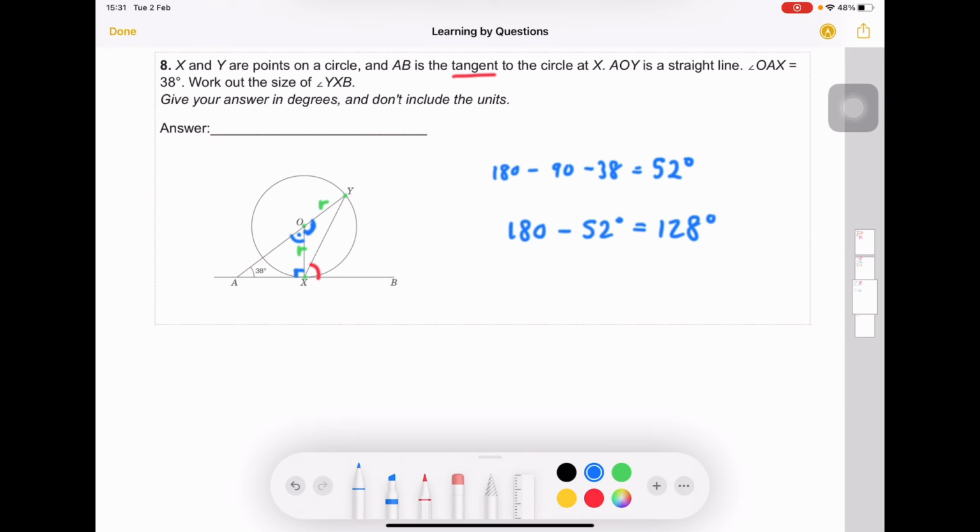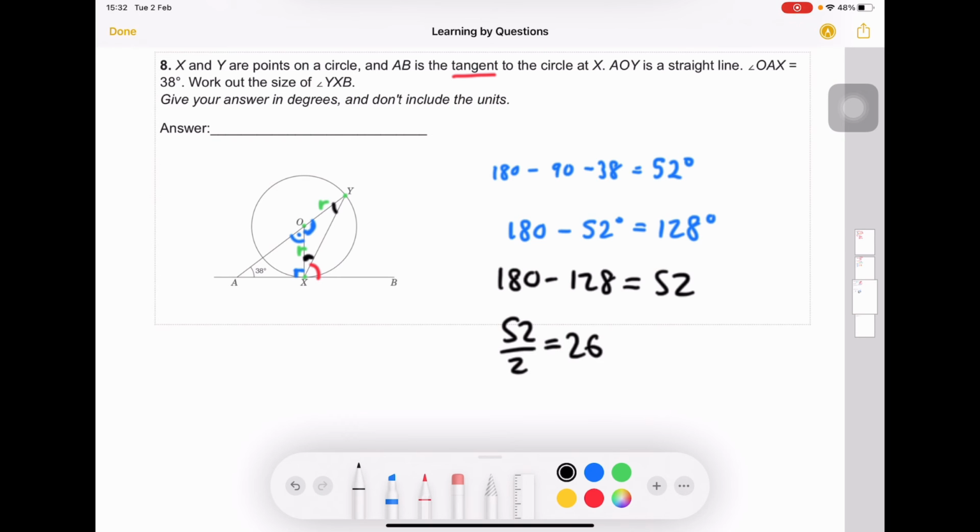Now we know that these two angles are the same because it's an isosceles triangle. So those two angles, let's see, 180 take away 128 is 52. So 52 divided by 2 is 26.